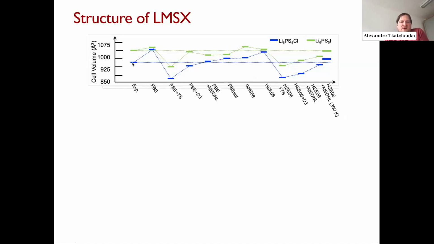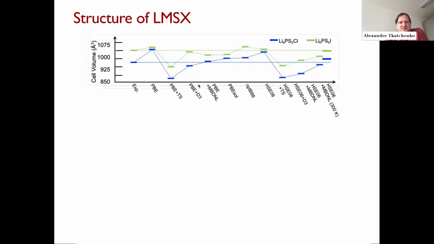The experimental volumes are in blue and green here on the left. And you can see that semi-local functionals, PBE or HSE, actually give pretty bad results. If you include van der Waals interactions, for example, using the Tkatchenko-Scheffler approach, you overstabilize those frameworks, although the difference in volume between the two materials seems to be accurately captured.